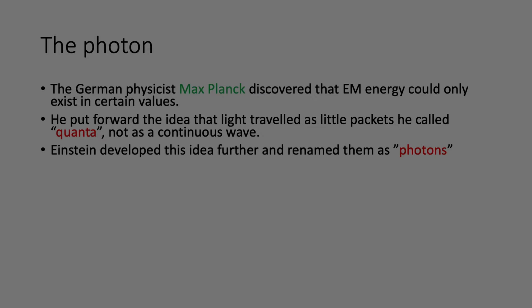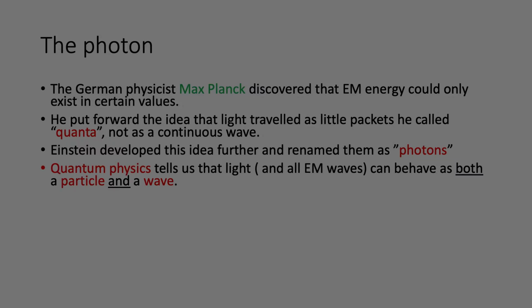And Einstein, quite soon after that, developed this idea further, and he referred to these little packets as photons. The word photons has stuck from that, but we still also have the term from Max Planck, quanta, in the title of this area of physics, quantum physics. So that word quantum means packets. Packets of energy is actually what we're talking about here.